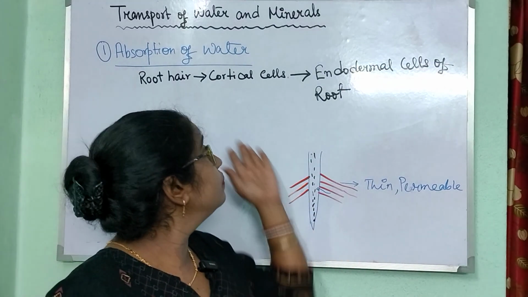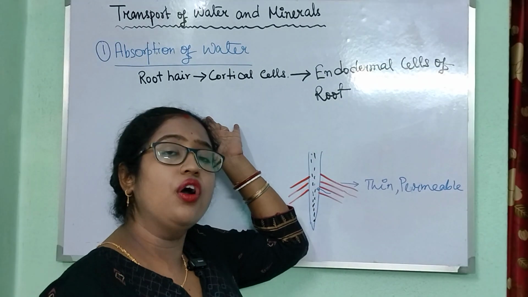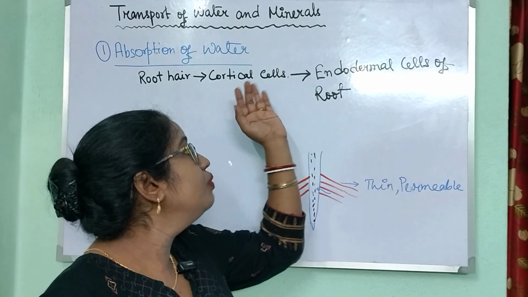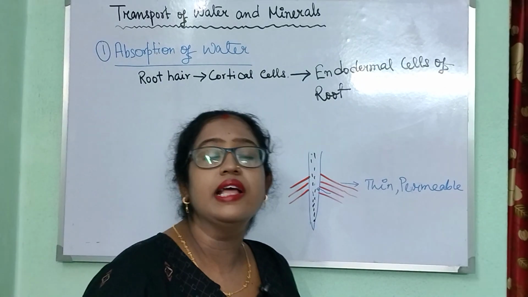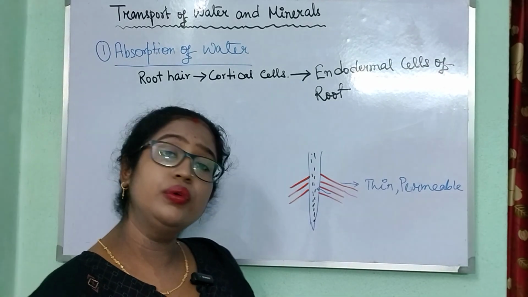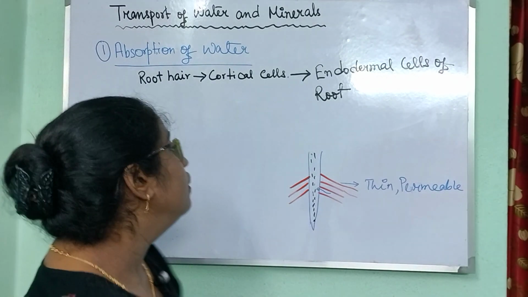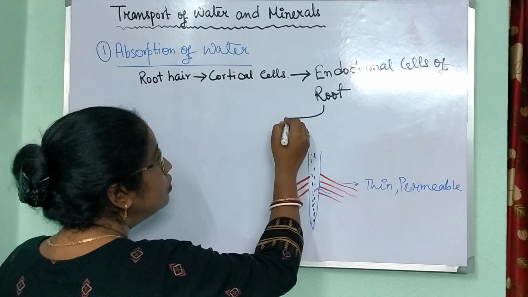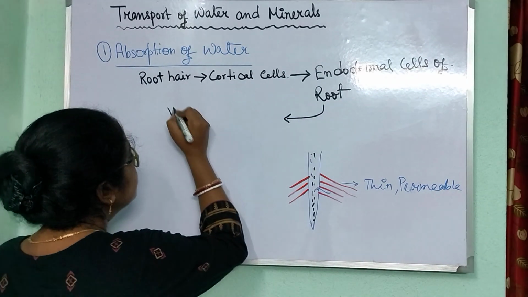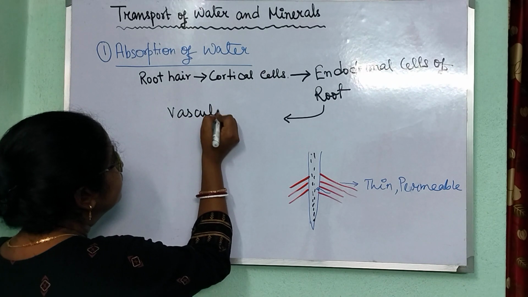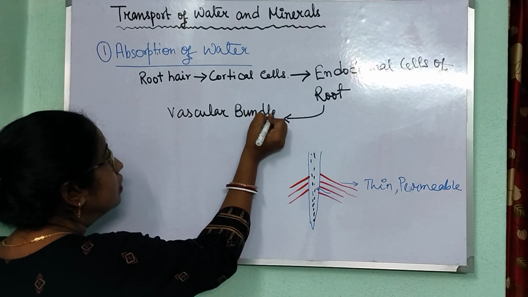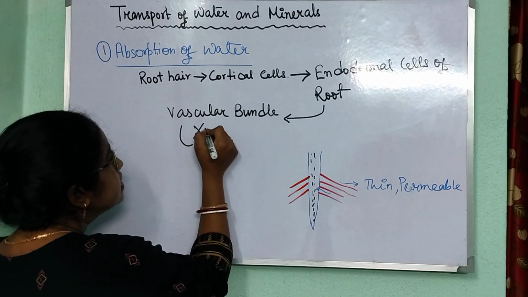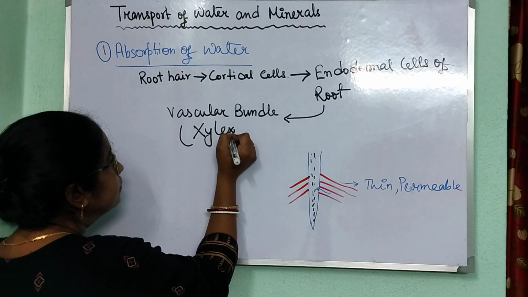So from the cortical cells, due to the osmotic pressure gradient, water moves to the endodermal cells, and after that, due to that pressure, the water moves into the vascular bundle, or rather I'll say into the xylem tissue.